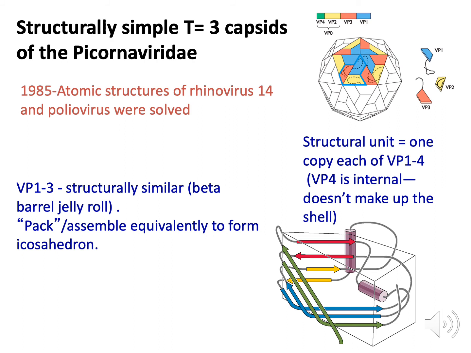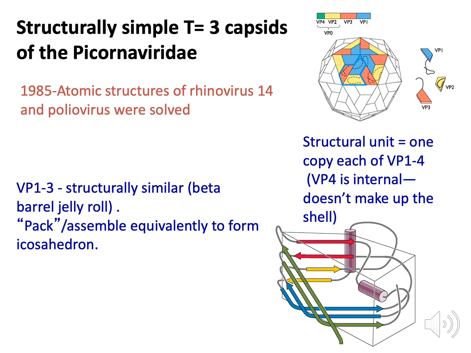In 1985, the atomic structure of rhinovirus 14, common cold, and poliovirus were solved. And what was determined was that each of those proteins, VP1, VP2, and VP3, which make up the triangular face, actually had a similar structure.